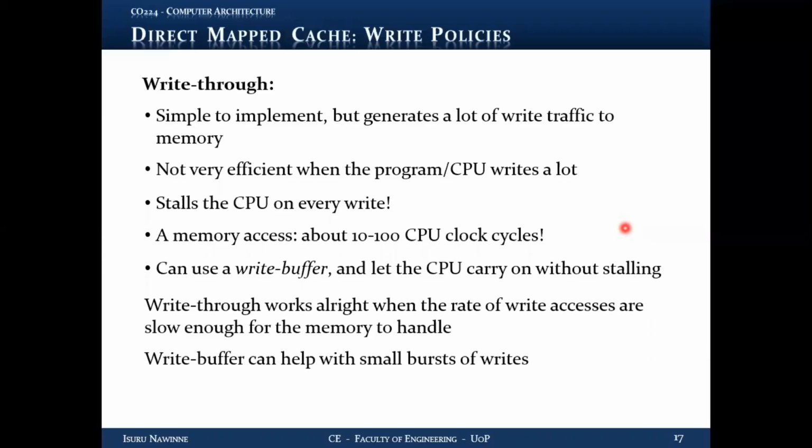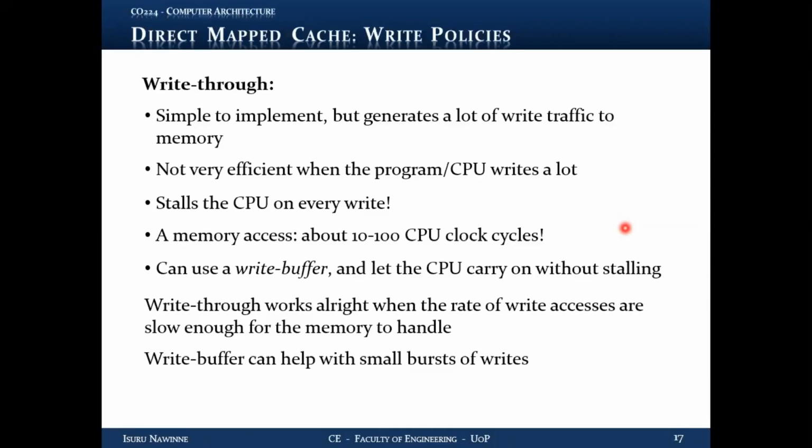If your program and the CPU make the writes in little bursts like that, then the write buffer solution can help. The buffer can hold the sequence of around 10 writes close by, and the memory can handle them one by one, and the CPU can go on.